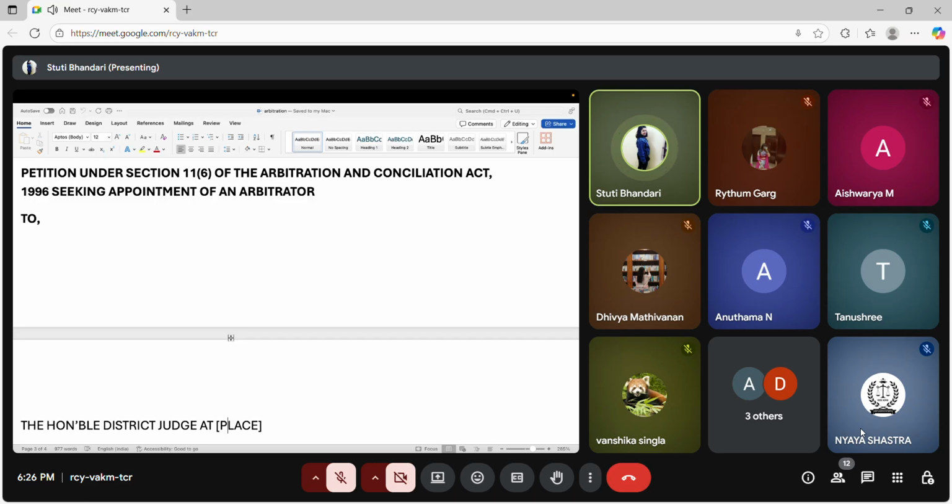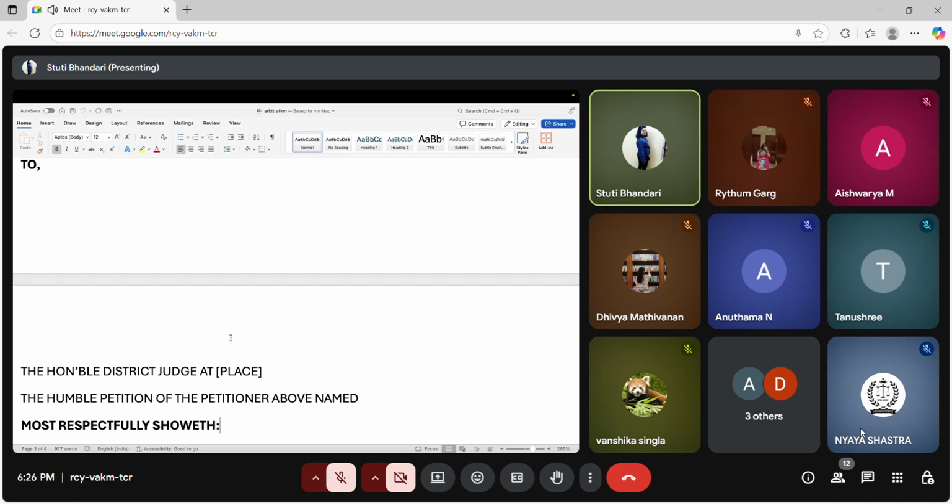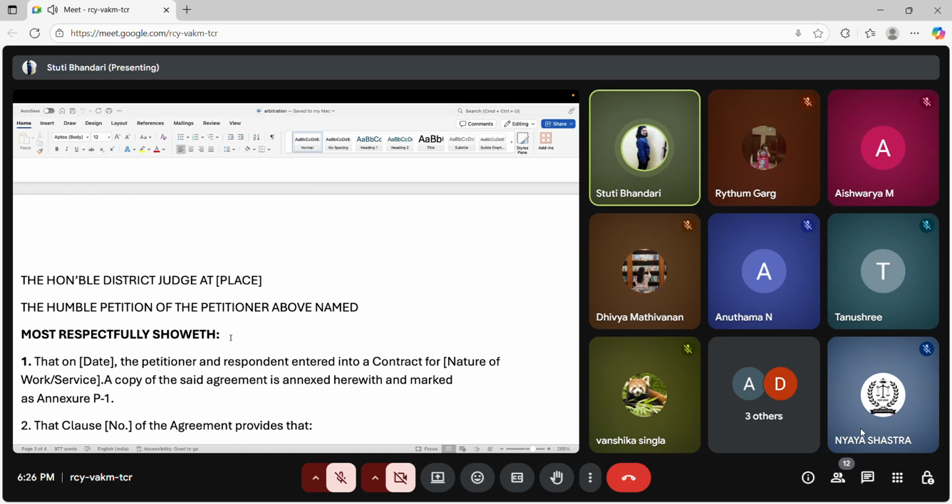To the honorable district judge at this place, or you can directly write: most respectfully showeth, that on dash date the petitioner and respondent entered into a contract for whatever the contract was. A copy of the said agreement is annexed herewith and marked as Annexure P1.